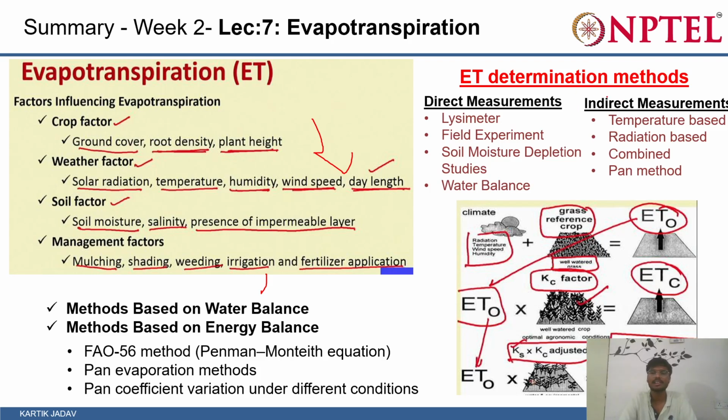Direct methods like lysimeter, field experiment, soil moisture depletion studies, and water balance approach, while indirect measurements such as temperature-based, radiation-based, combined measurement, and pan method. And there are a few important methods based on the energy balance approach like the FAO 56 method. Those are very fundamental and the most commonly used techniques at the current stage.